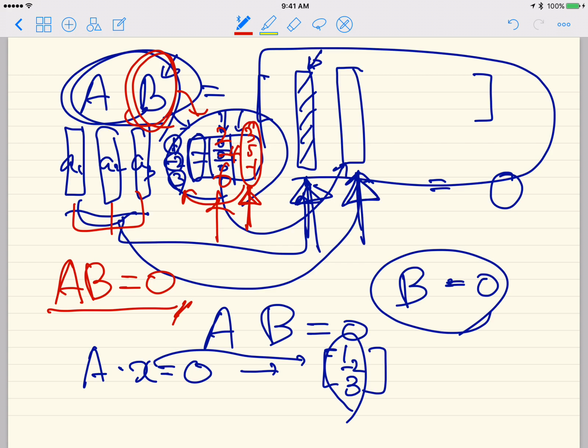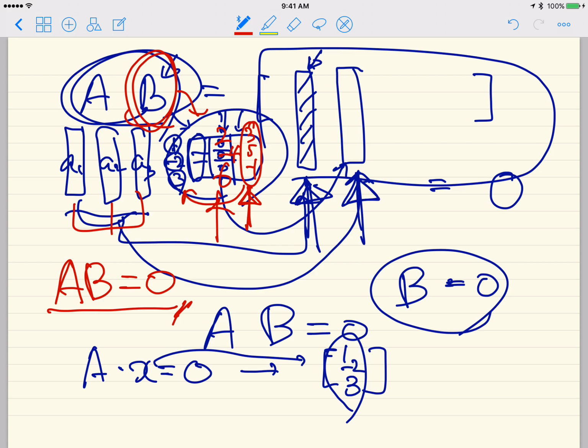Okay, and that is satisfied when the columns of A are linearly independent or dependent. So again, the question is, you want to create non-zero matrices A and B. You want to make both A and B non-zero, and still have A times B as 0.